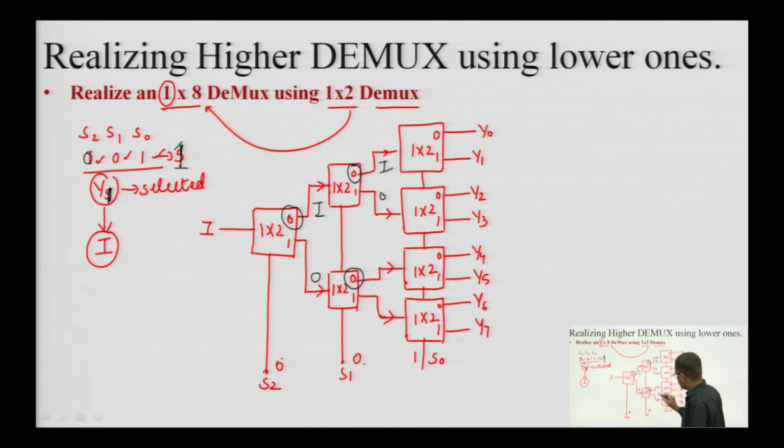Similarly, for this 0, 0 will be placed here. Then for this 1, that means this will be selected for all the demultiplexers, but this will be the only one getting the I input, and all the other outputs will be 0.